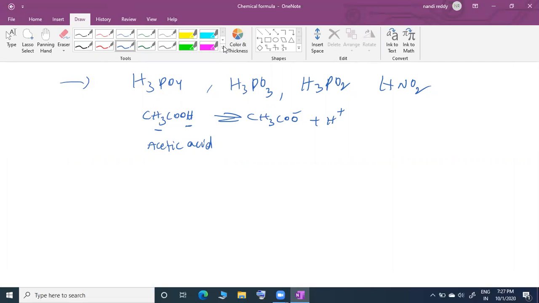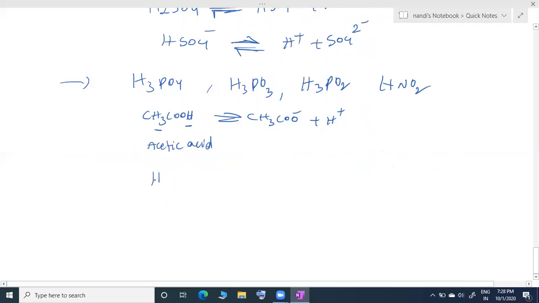Now, the acid names. H2SO3: the name of this acid is sulfurous acid. H2SO4: the name of this acid is sulfuric acid.